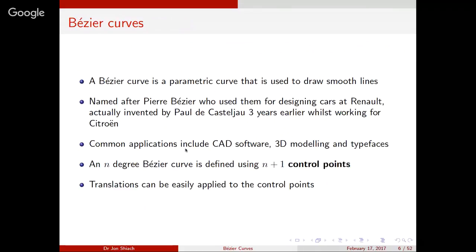We can apply translations, rotations, scaling, etc. to the control points. Since we've only got a small number of control points, only a small number of translations need applying. Then when we apply the translations to the control points, we can generate the Bezier curve from those translated points.